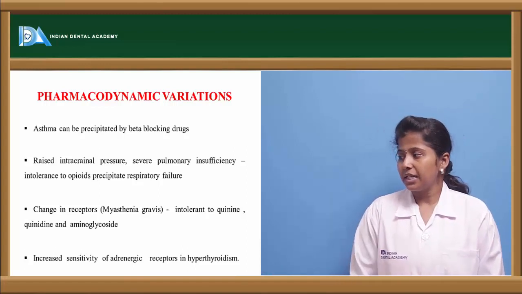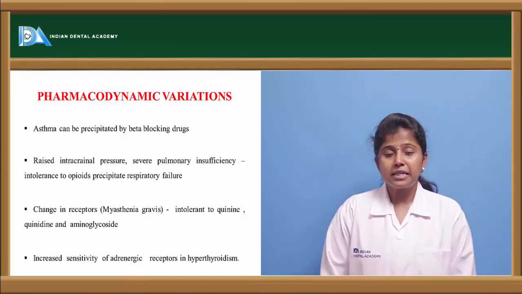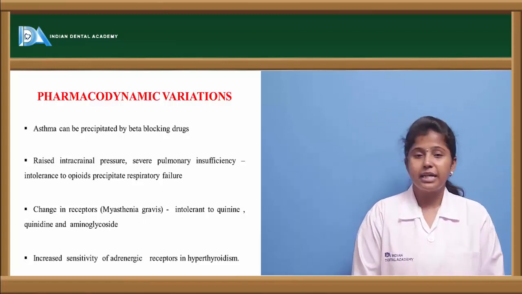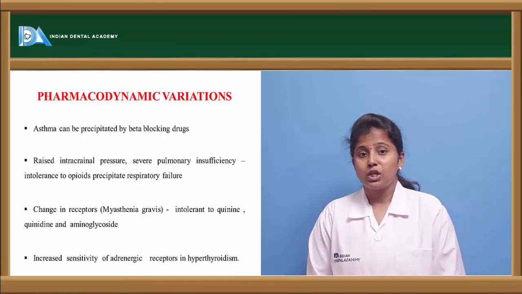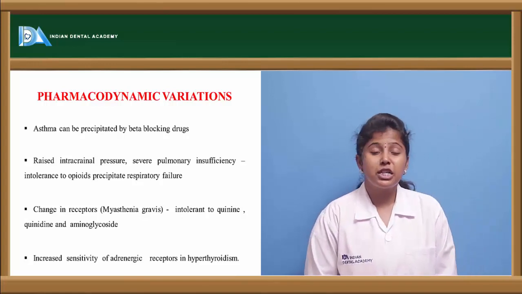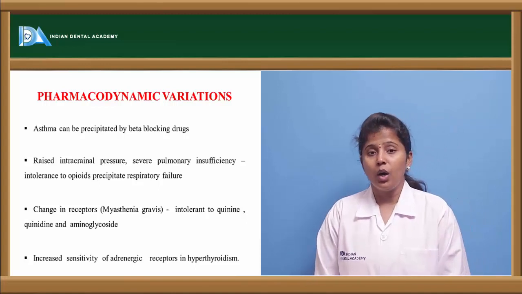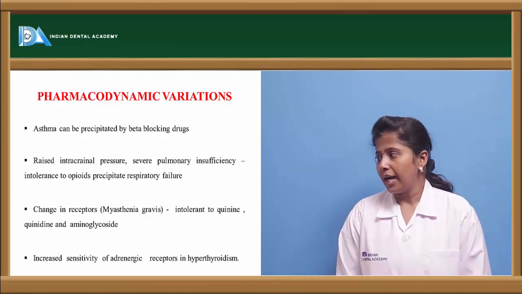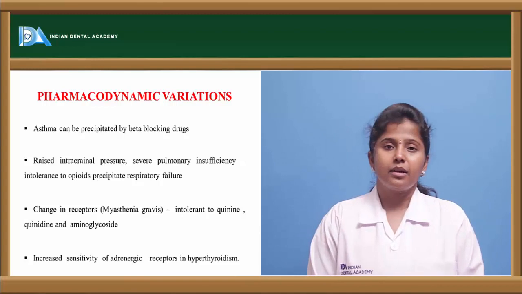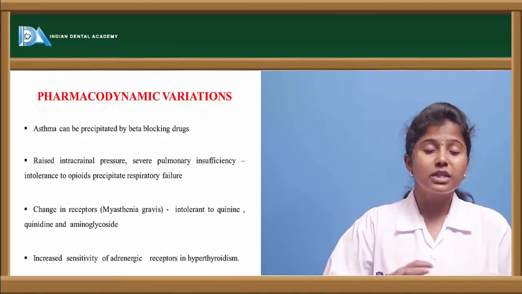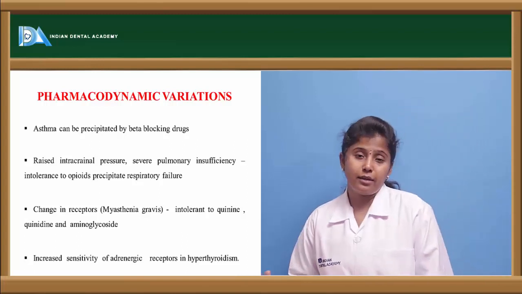In myasthenia gravis, if a person has myasthenia gravis and is taking drugs like quinine, quinidine and aminoglycosides, these drugs can change the receptor action. So the receptor action can be altered with these drugs in this condition. In hyperthyroidism, adrenaline has more sensitivity towards the adrenergic receptors.